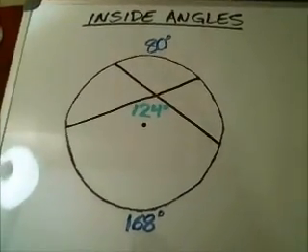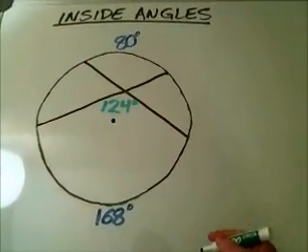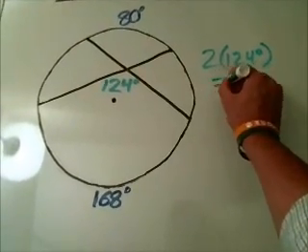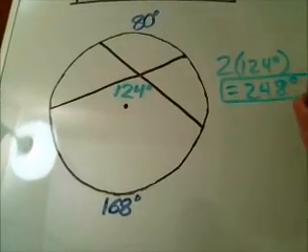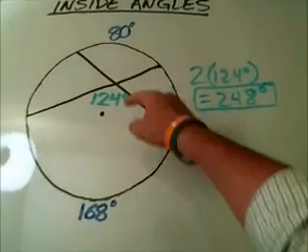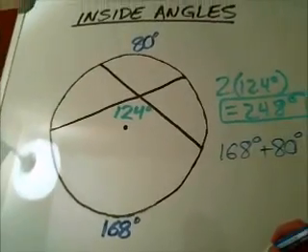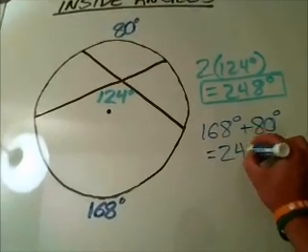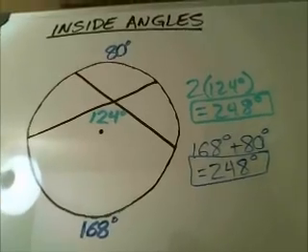If I were to take that angle, 124 degrees, and double it, what you would end up with is 248 degrees. If you were to take these two arcs and add them together, what you would end up with is also 248 degrees. Notice how those are the same.